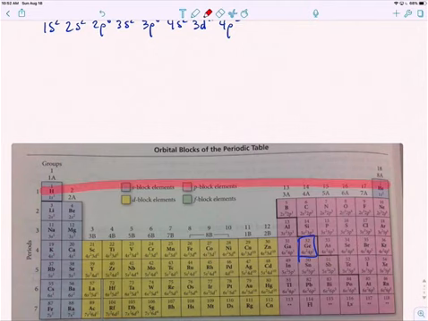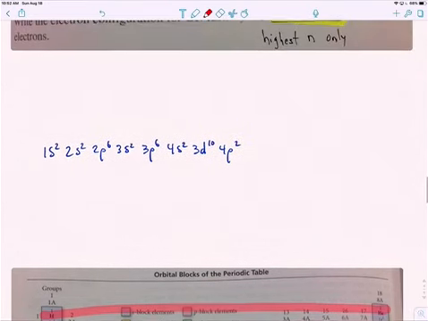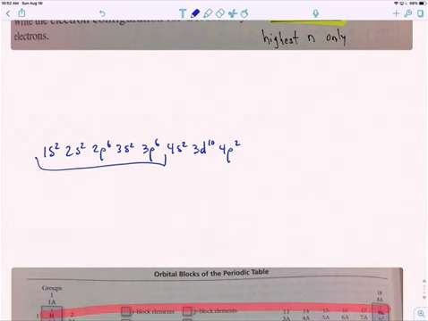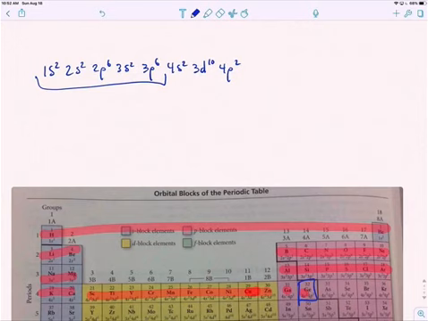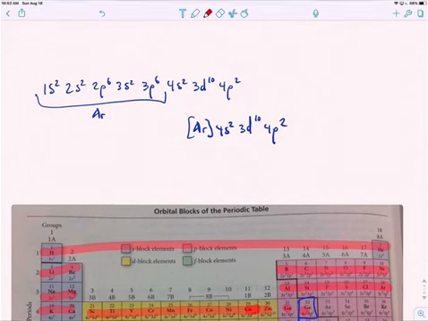This is the 1s, here's the 2s, 2p, 3s, 3p, 4s, 3d, 4p1, 4p2. That's where you find it. And a shortcut is that this right here is the electronic configuration for argon. So you can write this as argon, 4s2, 3d10, 4p2.